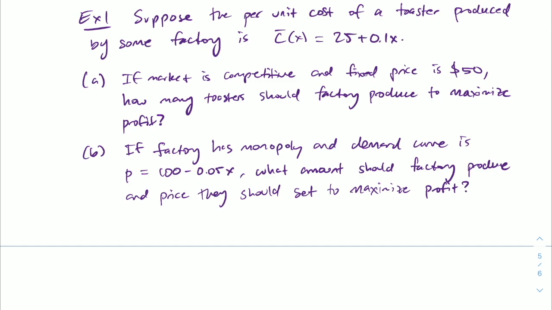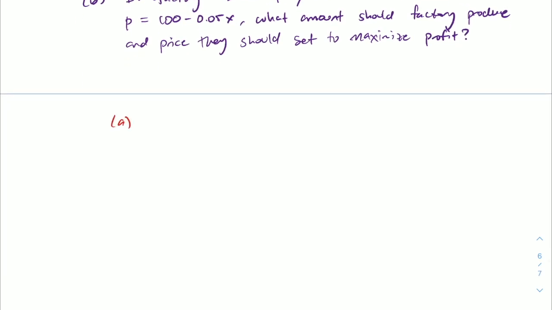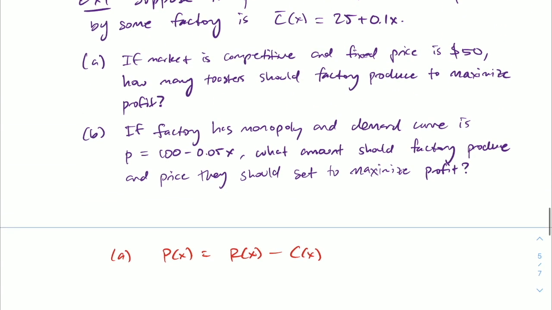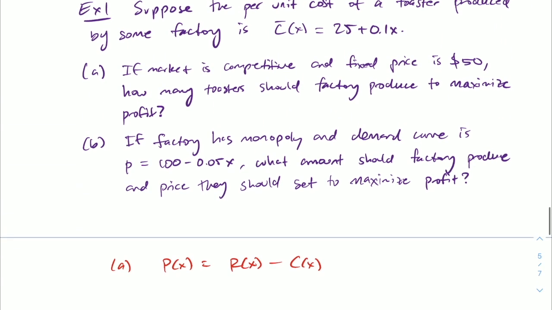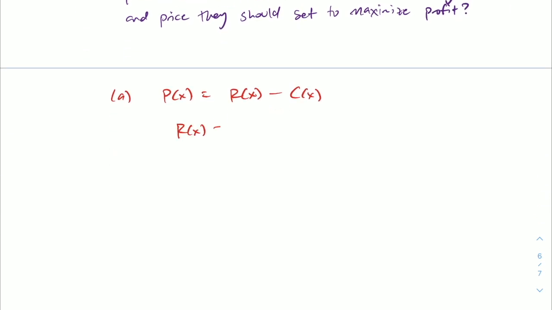Okay, so let's do this problem. So part A, profit is revenue minus cost, and the price is fixed, so the revenue is going to be just the fixed price, $50, times X. And the cost is given by this little preamble here.